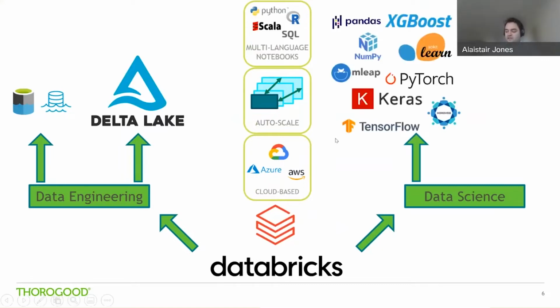On the data science side of things, it comes with a lot of pre-installed packages and libraries. You also have MLflow, which is also an offering that was created by Databricks themselves, and it's open source, and it's effective for model tracking, and we'll touch on that towards the end of today's presentation.